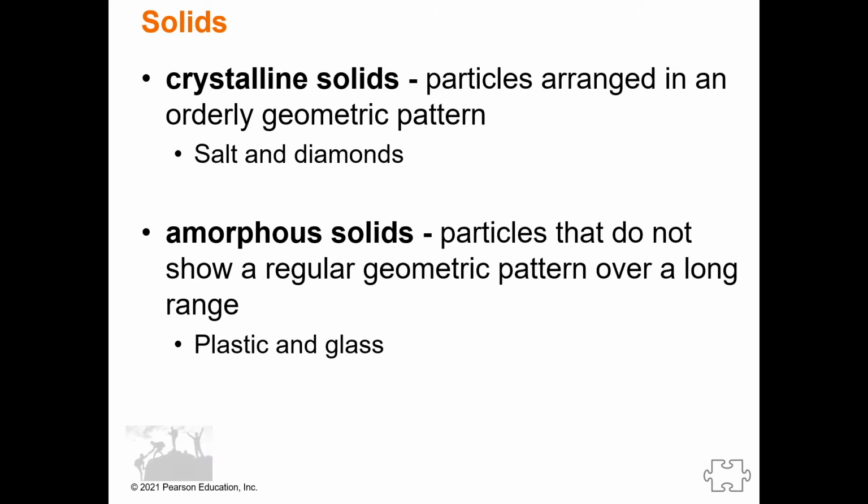With amorphous, if we break down the word, A meaning not and morph meaning shape, here we don't see a regular pattern throughout the substance. Okay, and examples of these types of solids would be plastic and glass.